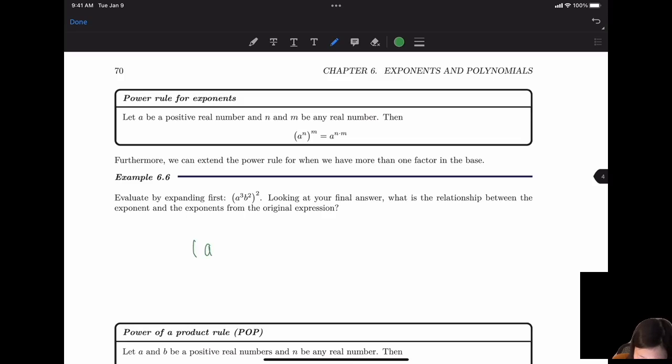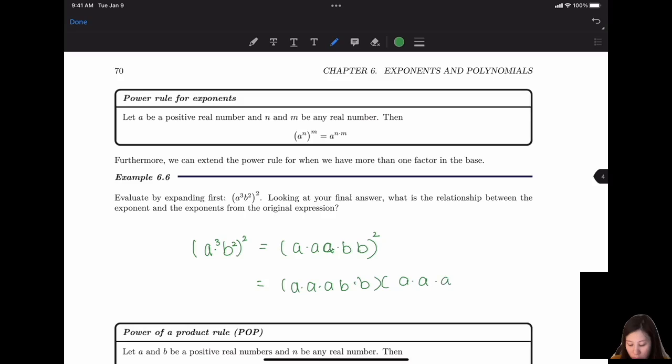So let me expand them first. a to the cube means you will have 3 a's multiplied together. b squared means 2 b's multiplied together, and then you square them. Remember, square means you multiply yourself again. Now we will group them. All the a's, group them together since it's multiplication.